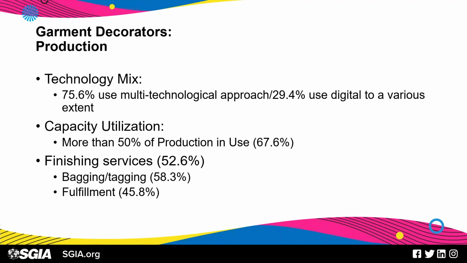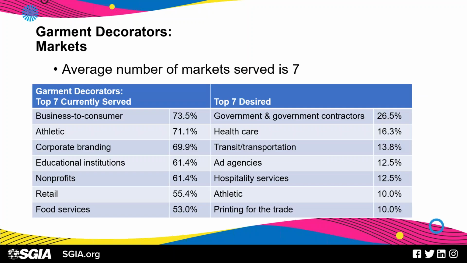They provide finishing services, but not to the same extent as graphic and sign producers. More than half of them do that, 52.6%. And the most popular finishing services are bagging, tagging, and fulfillment. Also, there is exchange of services among garment decorators.